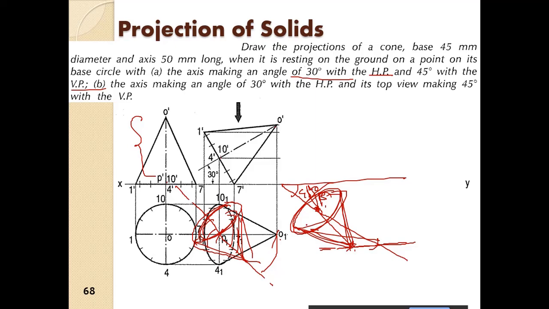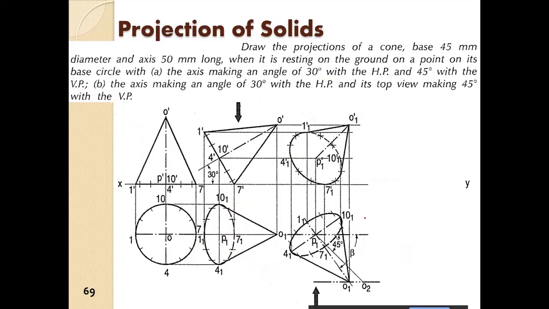Once you draw the top view of the cone, again from the points you have to drop vertical upwards, and then from here horizontal rightwards, and then you have to get the top view and the front view.